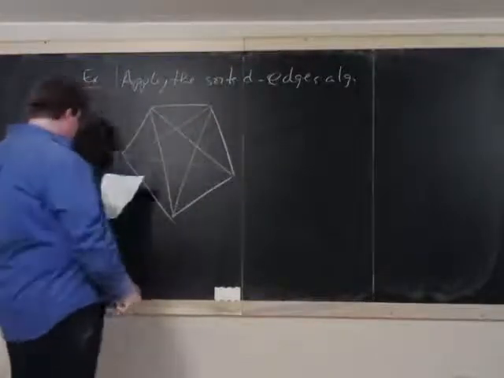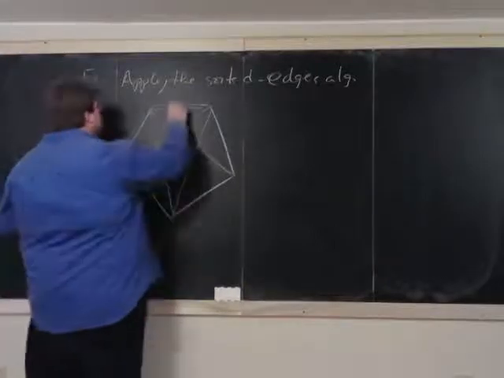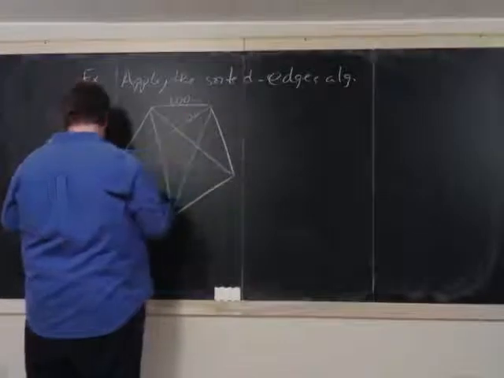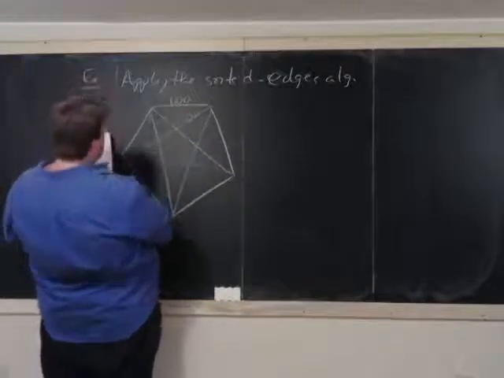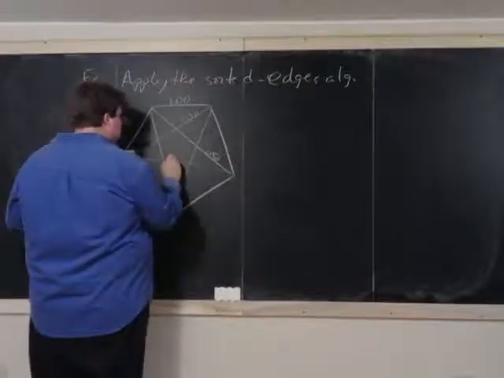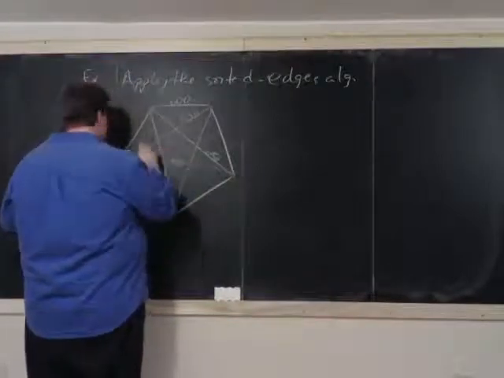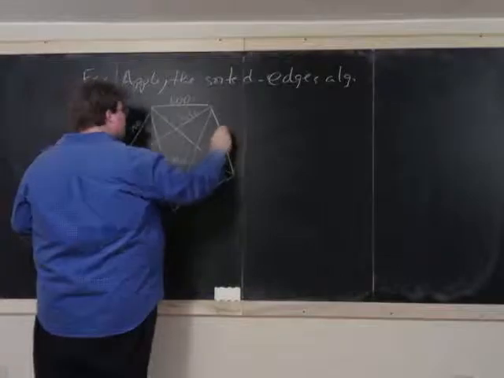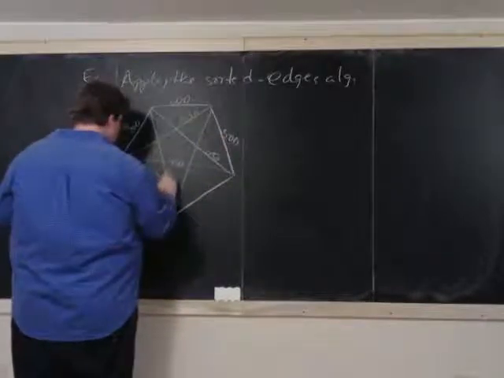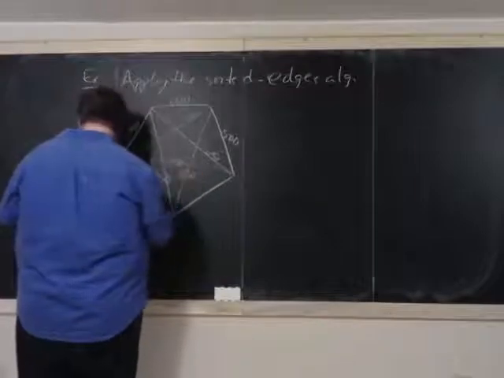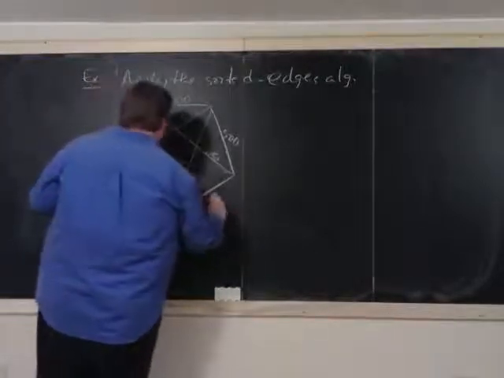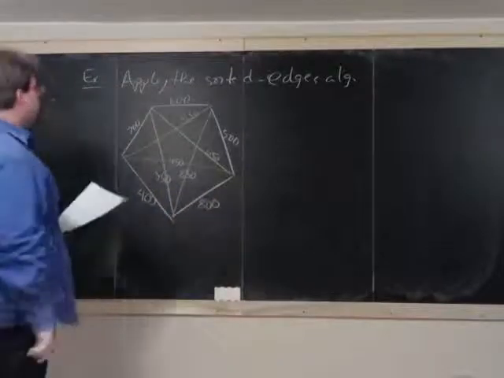We had a bunch of weights thrown on this. 600, 950, 650, 650, 750, 700, 500, 550, 850, 400, 800. That's 10 numbers.